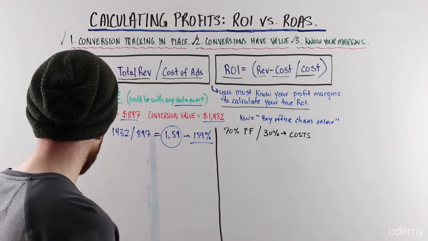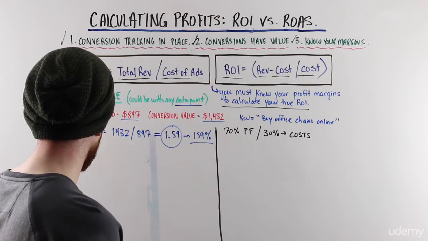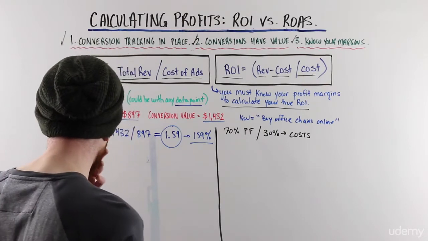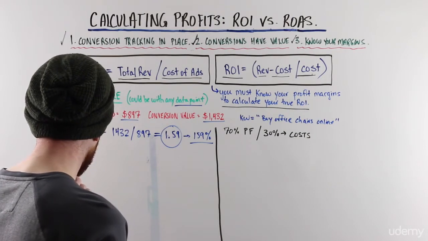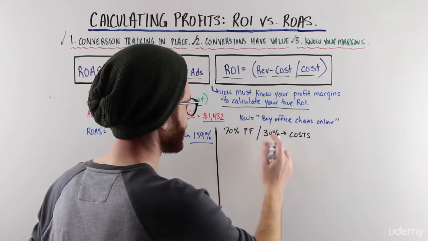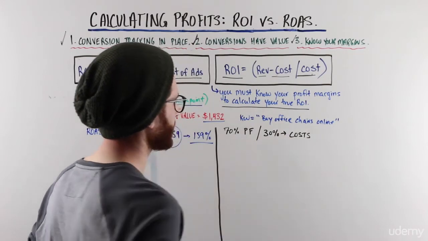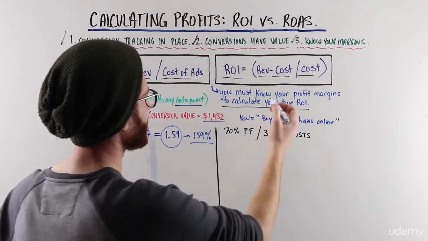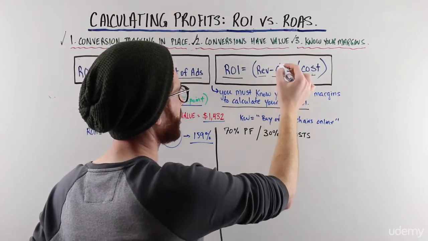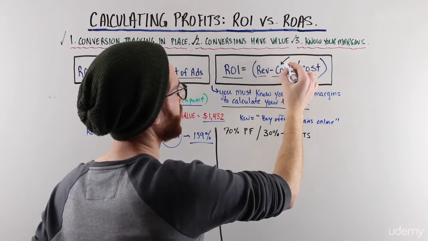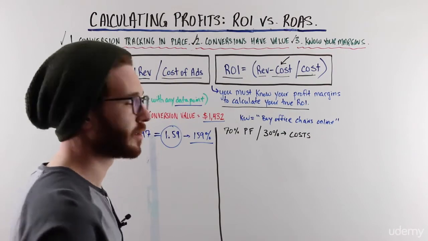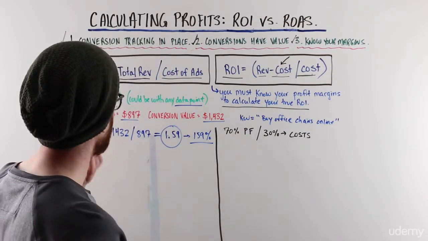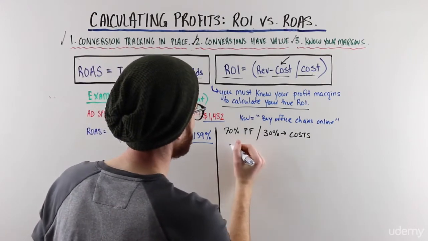So the first thing we need to do is calculate our revenue taking into account our profit margins, okay? So what we want to do is calculate our cost for the revenue that we made. Because here's our number. If you look at our formula up here, this number, cost, how do we know what the cost was? And that's a very simple calculation. We take our total revenue, which is $1,432, right?